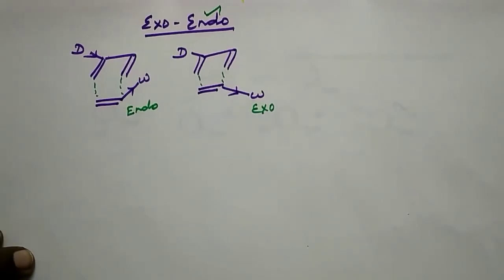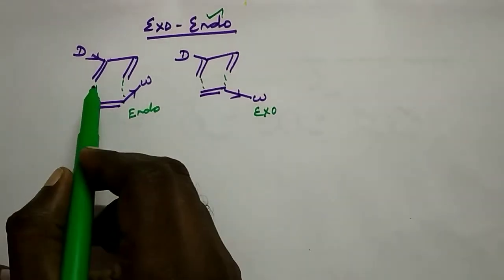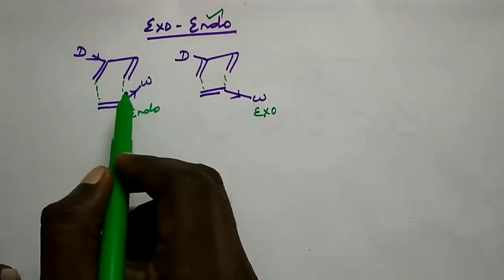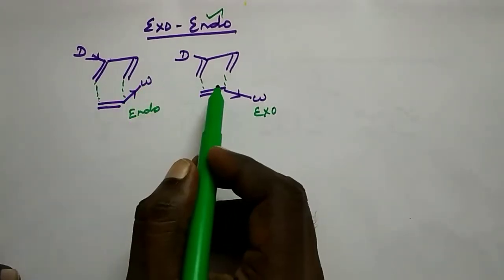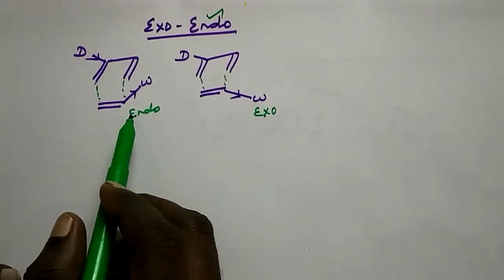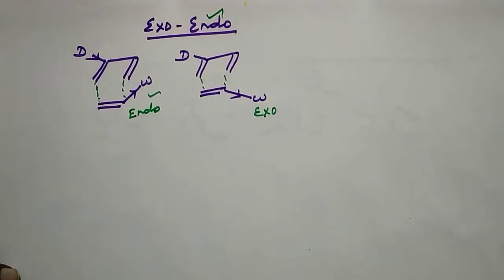It is something like a closed book. If you assume a closed book, this is within the book, and W is outside the book. So this one is endo and this one is exo. Always endo is preferred for Diels-Alder reaction.